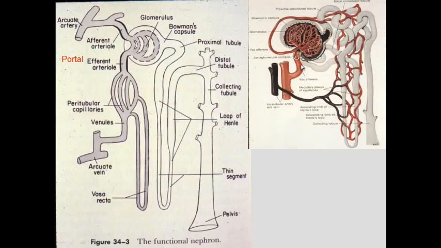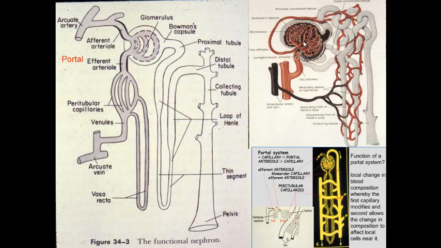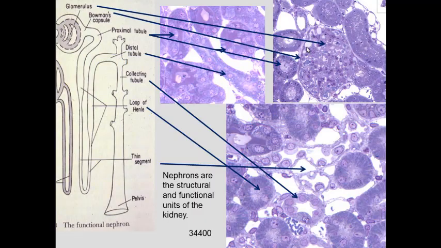The afferent arteriole is larger than the efferent arteriole, and that produces a pressure head that will help produce the filtrate. So remember here we had the afferent and efferent arteriole, and the capillaries of the glomerulus is the first capillary loop of the portal system.